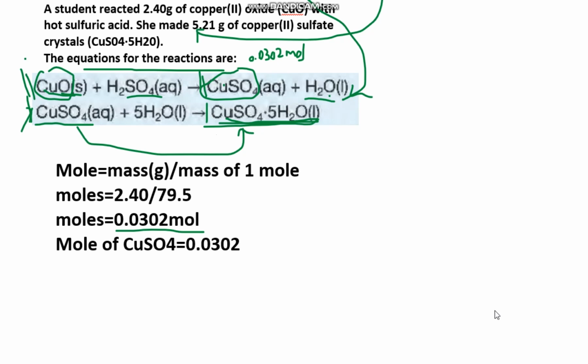From the first equation we can deduce that 0.0302 mole CuO will produce 0.0302 mole CuSO4, and the same for CuSO4·5H2O. Now we need to calculate the mass of CuSO4·5H2O by multiplying the number of moles by the mass of 1 mole.